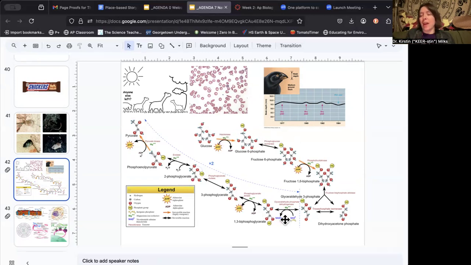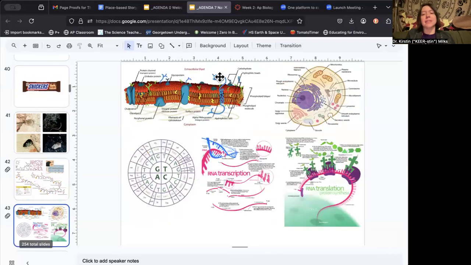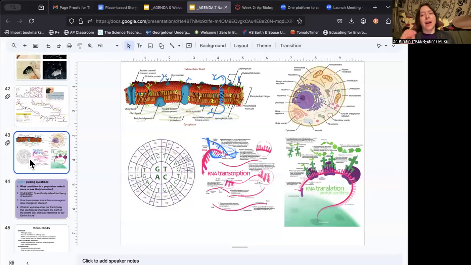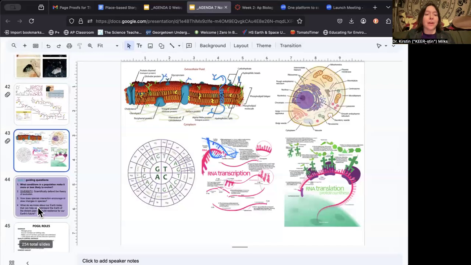But there are also things that are absolutely universal, right? Like glycolysis, membrane structure and function, cell parts, and even the code of life and how that ends up happening. So this idea about population change is equally undergirded by this idea of common ancestry through all these things that are common in life.